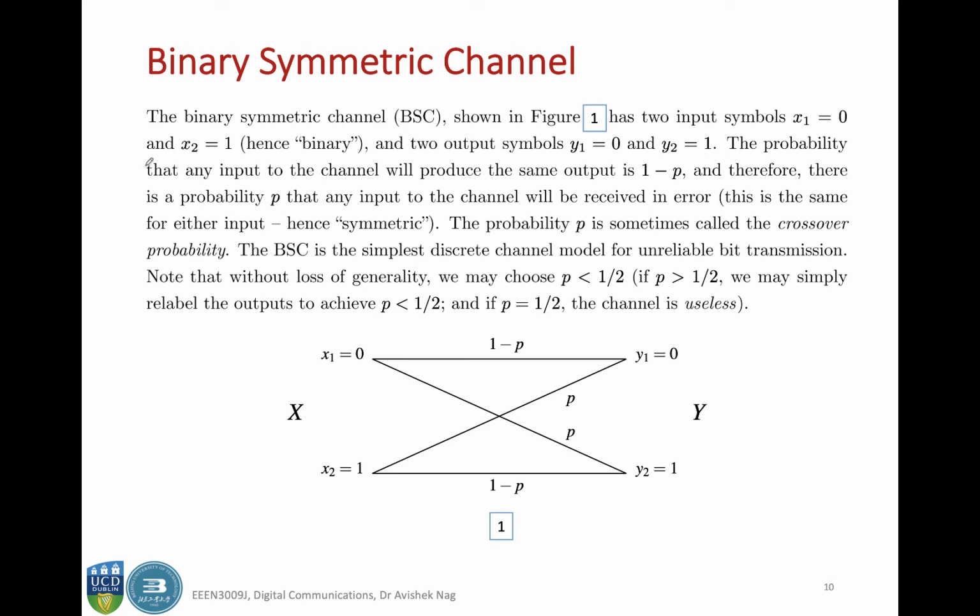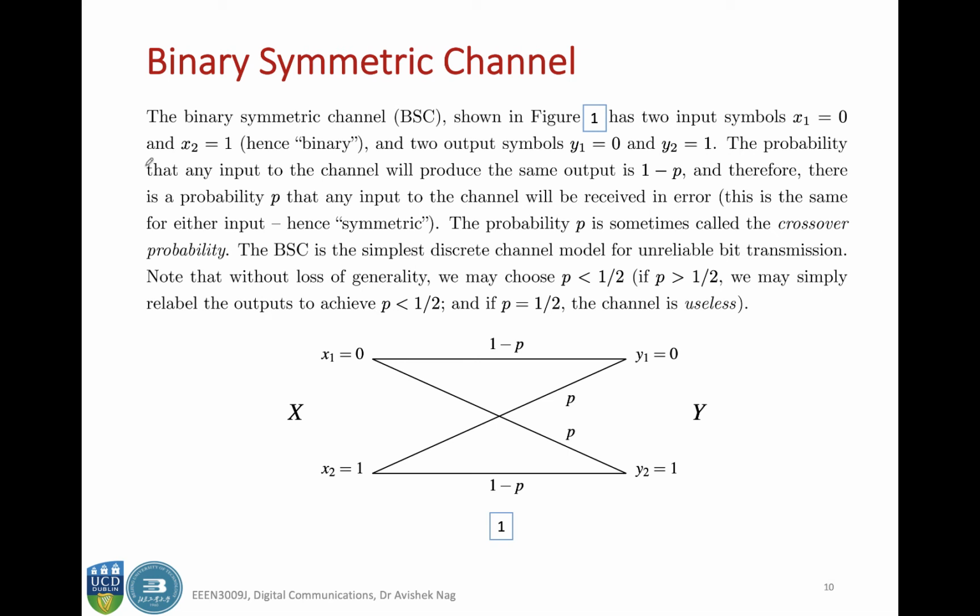So that is basically an error. So the probability of error in this case is p, and with 1 minus p probability you can get the same symbol at the output. So this is the property of the binary symmetric channel.